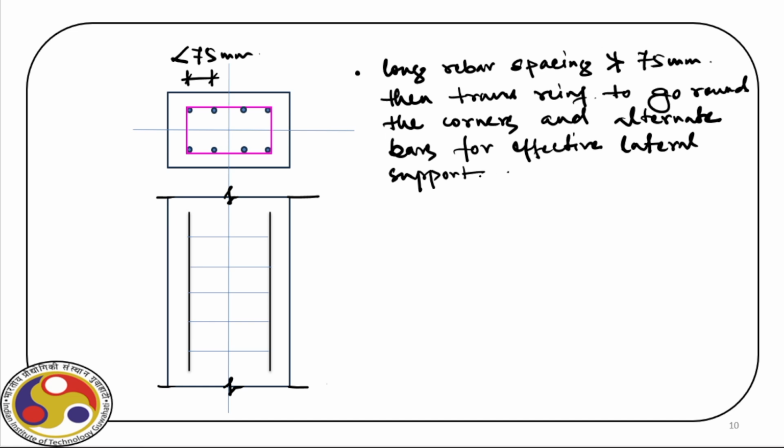What does it mean? It means if we have this arrangement, as you can see here, then we'll put alternate bars, or let me just draw here.